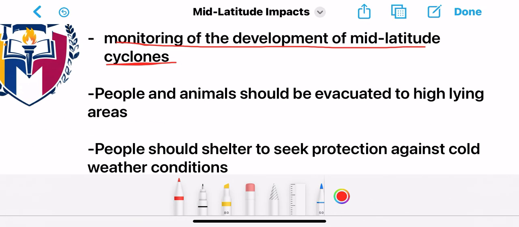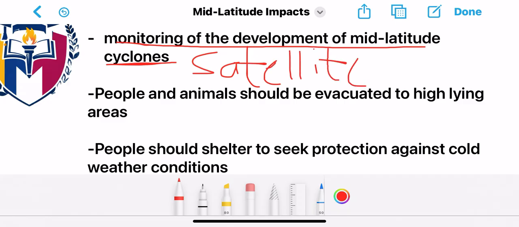We must monitor it. How? Through satellite. If we use satellites to monitor the development, we'll be able to know which areas will be affected by mid-latitude cyclone, so that we can begin to evacuate people there, so that they can be at safe places.